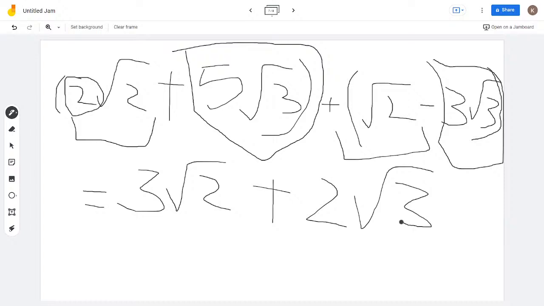So when we added these two numbers, we finally got our answer as 3 root 2 plus 2 root 3, or we can say 2 root 3 plus 3 root 2.